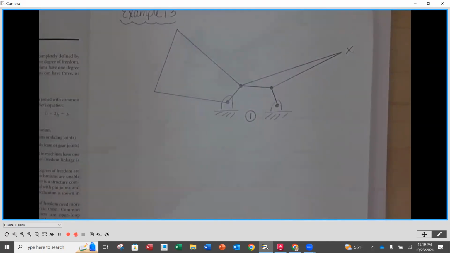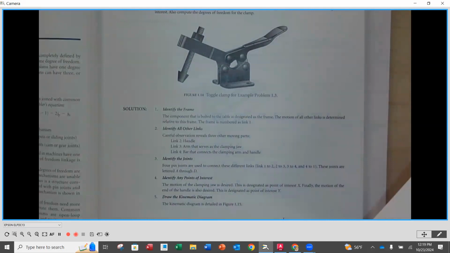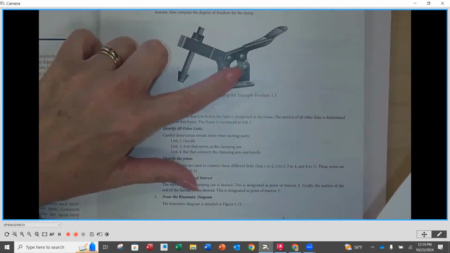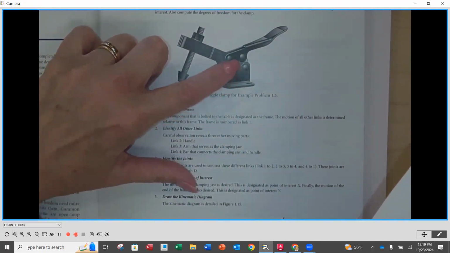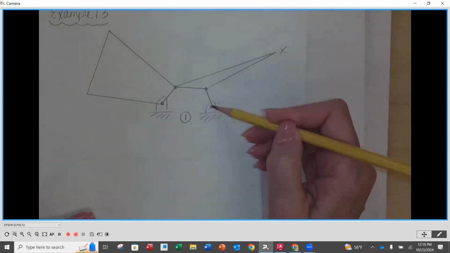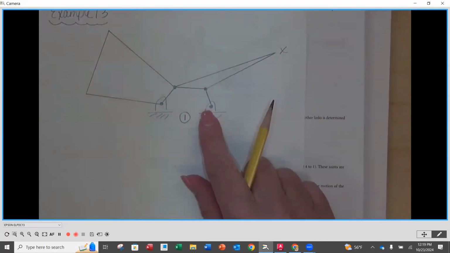Okay. Then you're going to notice that the next thing that I did was I started looking at, okay, what's connected here. So there is a link that goes from the right side connection to the frame up to the right pin on our handle. Okay. So I represented that by a very simple method. Notice that I've got the pin connection with a circle that is filled in at the center of our frame symbol.